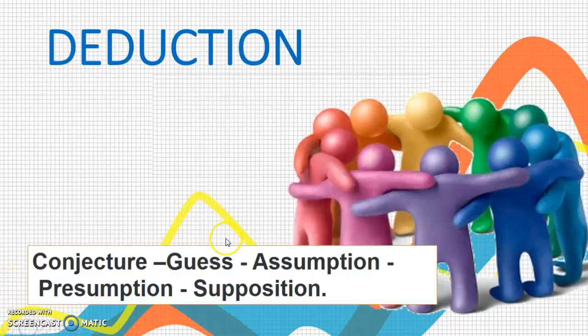We're going to be talking about deductions. If you don't know what deductions are, maybe some of these words may help you. A deduction is always a conjecture, also a guess, also an assumption, or a supposition. Maybe you know one of these words that are synonyms of deduction.